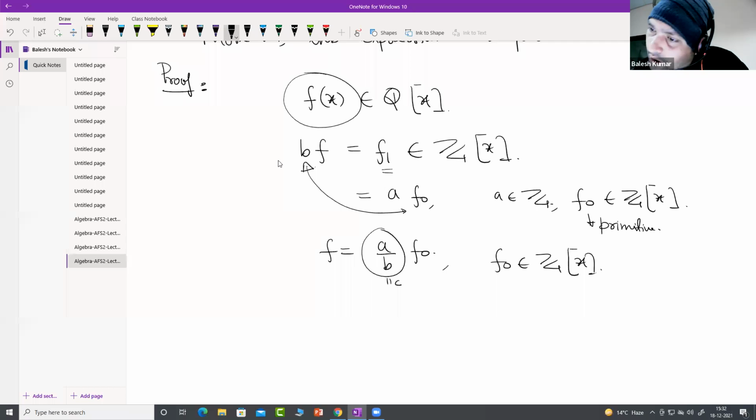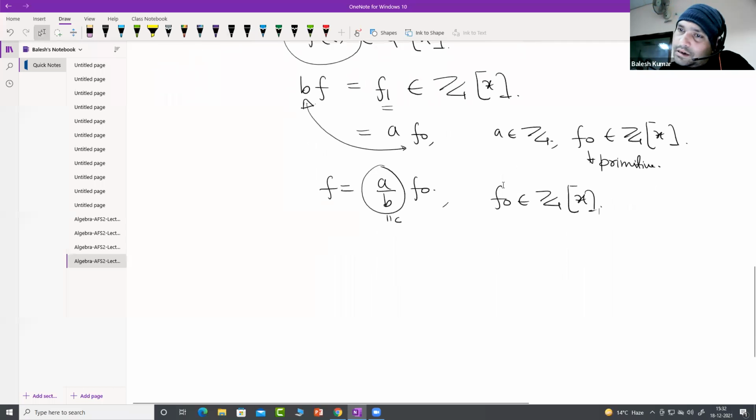Now how to prove the uniqueness part? Can any one of you sketch how we can prove that this expression is unique?